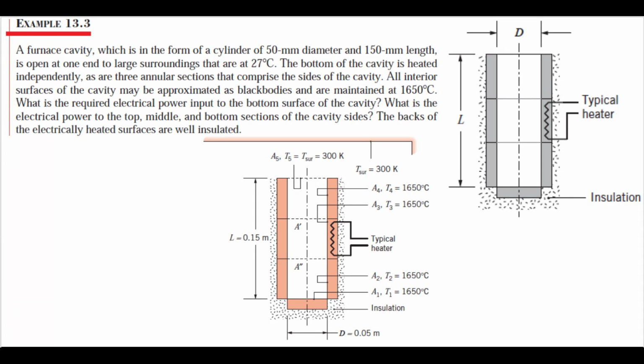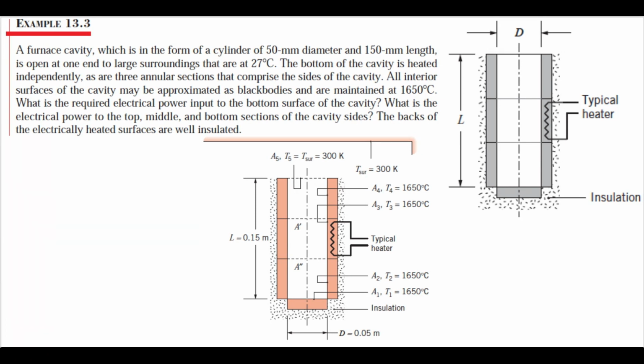You couldn't have solved this problem before because we need to use view factors in this case. So we are going to assume for this problem that it is a black body heat exchange. When we see that something is 1650, it would be some kind of refractory ceramic.